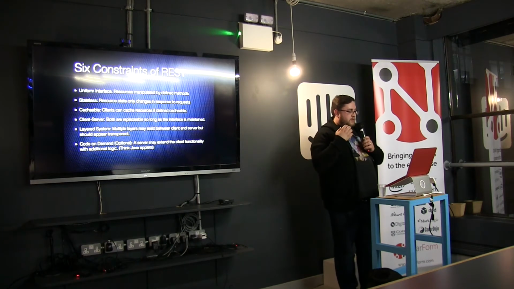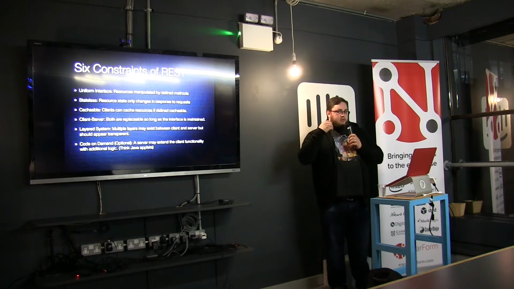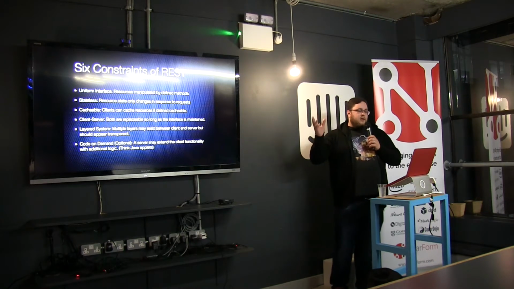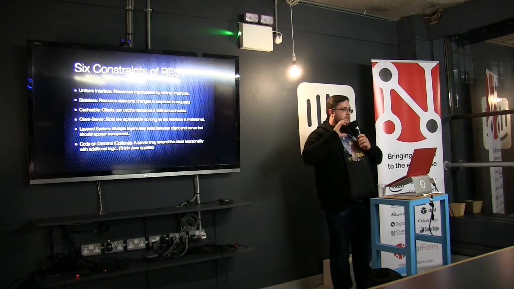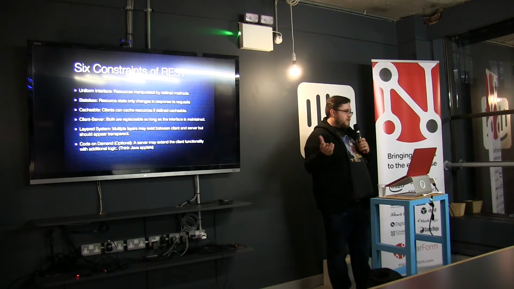That's resources are manipulated by defined methods. So that's our verbs like get and post, and a resource is available at a certain URL slash this ID. That's an agreed way that we're going to talk between server and client. That's what we mean by a uniform interface.